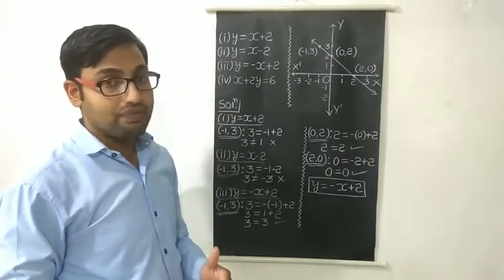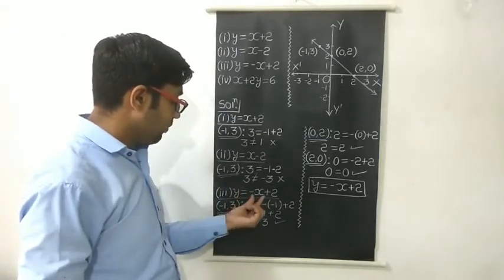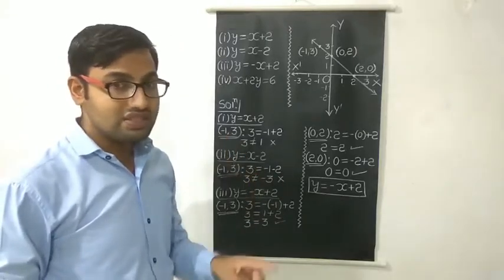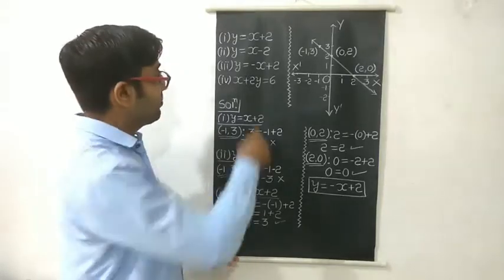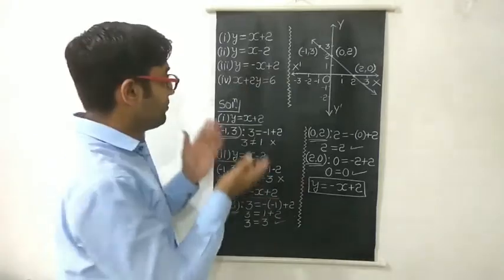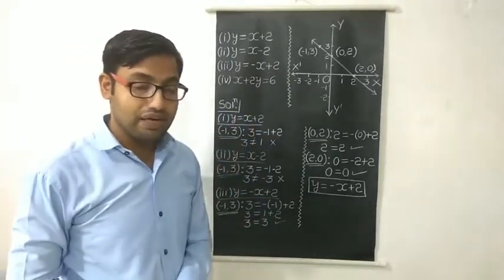It may happen that instead of y you put the value minus 1, instead of x you put the value 3. Whenever you make this mistake, you cannot get any solution. That means if you check all the 4 equations, you cannot find out which equation the graph is of. So this thing you have to keep in mind. Okay.